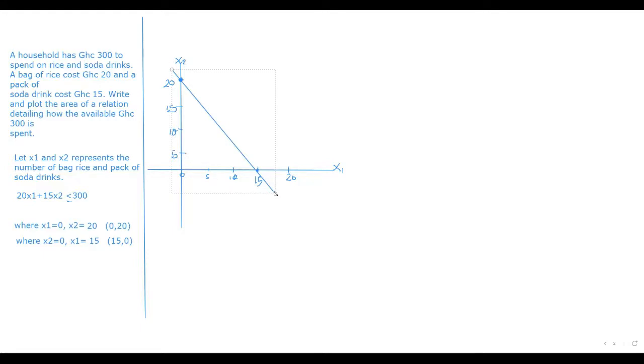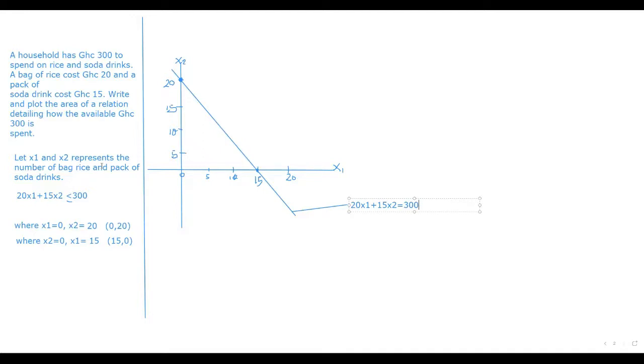Now, the straight line that we've drawn represents the equal to. So the straight line represents 20x1 plus 15x2 equal to 300. The straight line is always equal to. Now it's less than or equal to. I told you when it is less than, you are going to shade downwards after drawing the line.